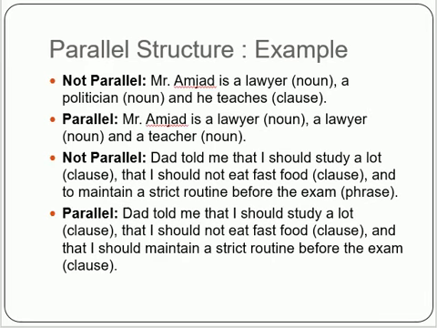Mr. Amjad is a liar, a noun, a politician, noun, and he teaches, clause. So liar, politician, and and he teaches is what is creating an unparalleled structure. How do we have to reconstruct it?